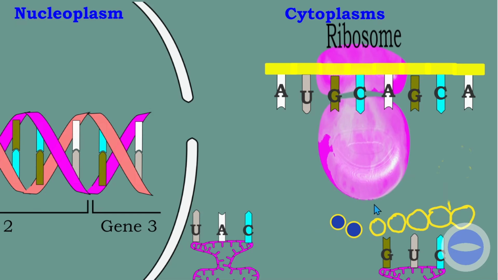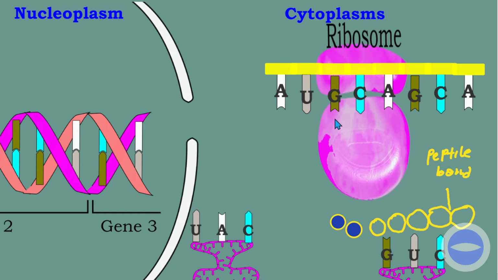So this is how translation works. The information is from the DNA inside the nucleus. Then mRNA will move out of the nucleus with the information from the DNA, and then tRNA will come and bond with the codons using anticodons, and they have to pair, they have to match.